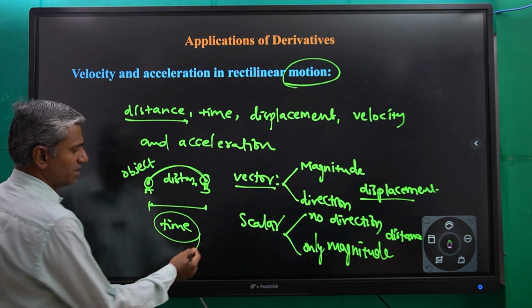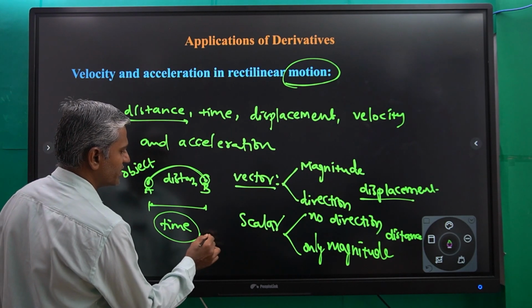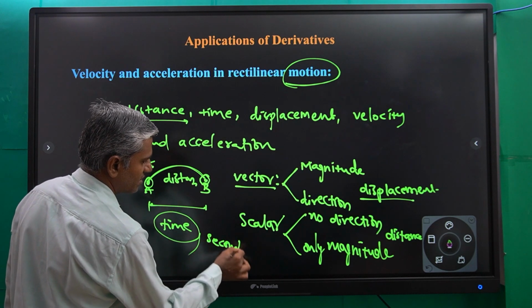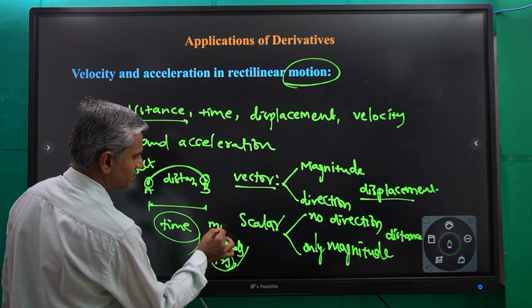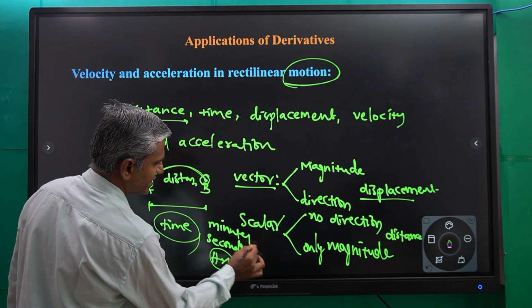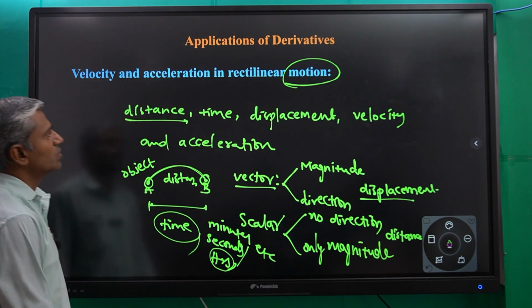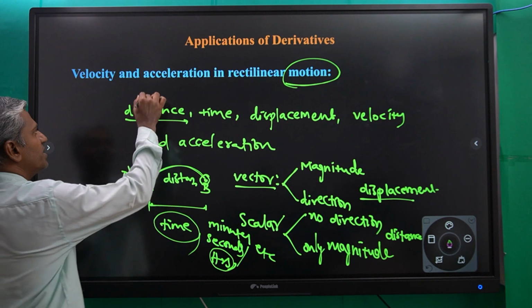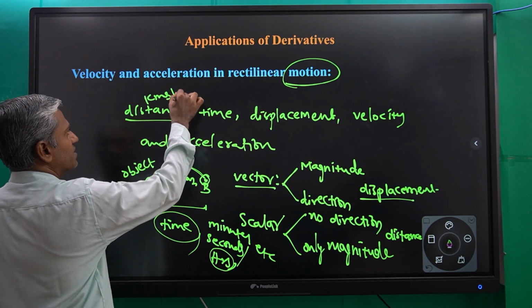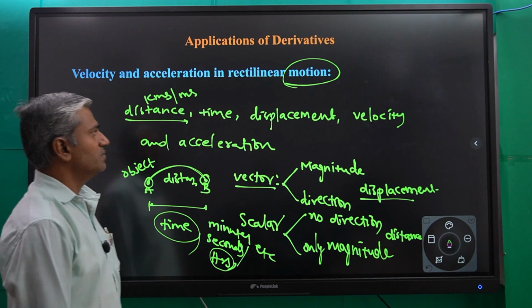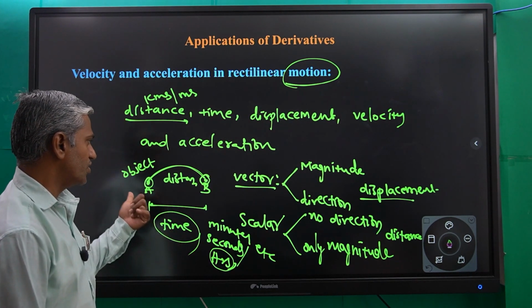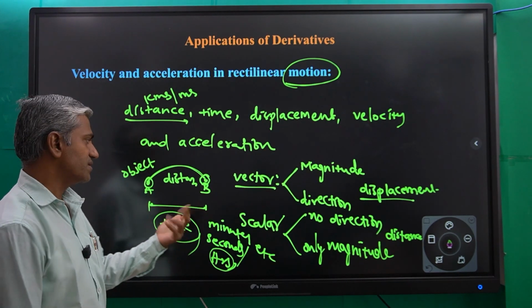Obviously we know that time is measured in terms of seconds, minutes, hours, etc., and distance is measured in kilometers, meters, etc. The time taken to reach the object from one place to another place is called time.